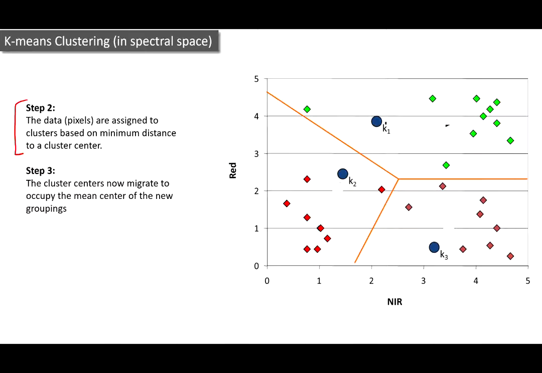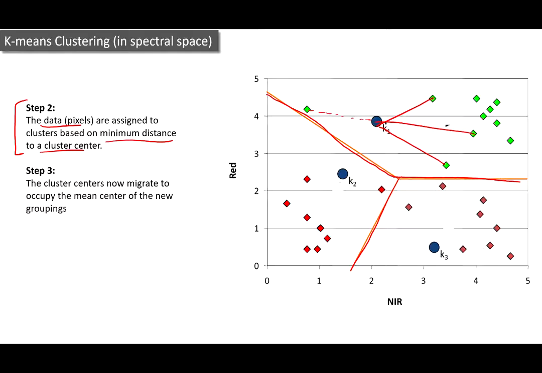So now step 2, now we have the algorithm doing its thing here. Step 2 is that the data, which is just pixel values, are assigned to clusters based on minimum distance to a cluster center. And so you're seeing this assignment with these boundaries here. These boundaries are defined by which cluster center you happen to be closest to right now.